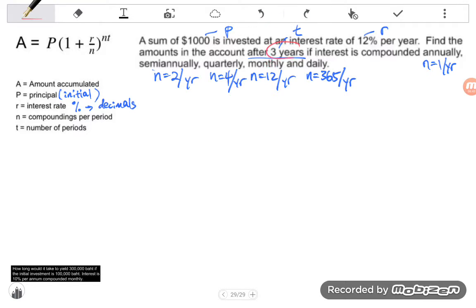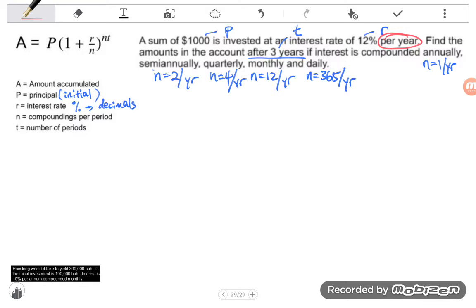It really depends on the question. The reason why we have all this per year is because of this 12% per year.